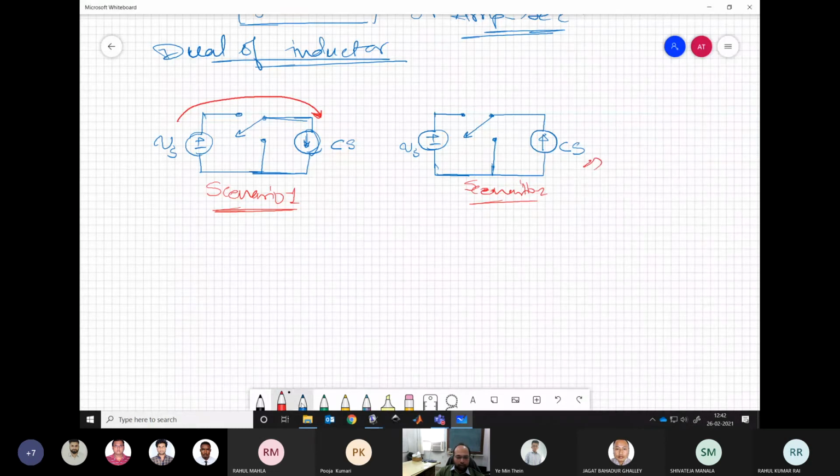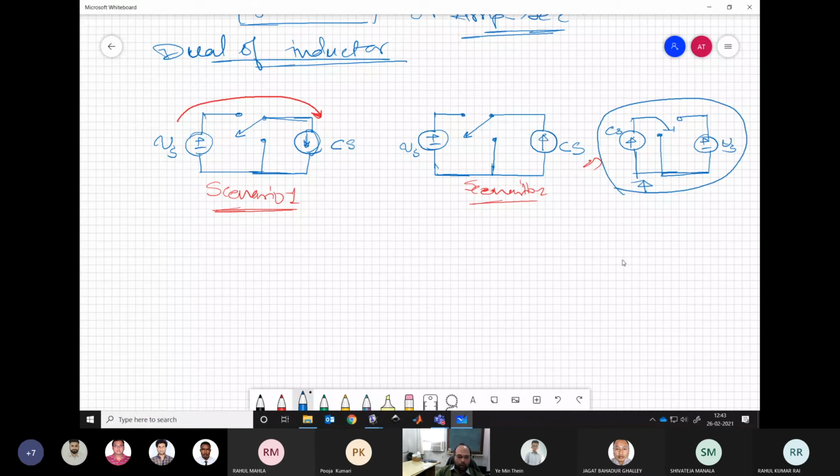If I rearrange this, it can also be shown in this manner. This is what we have when we have voltage source to current source power flow, and this is where we have current source to voltage source power flow.